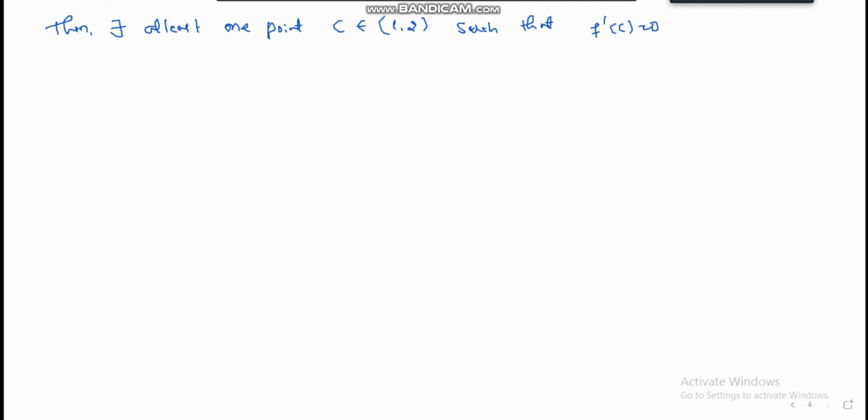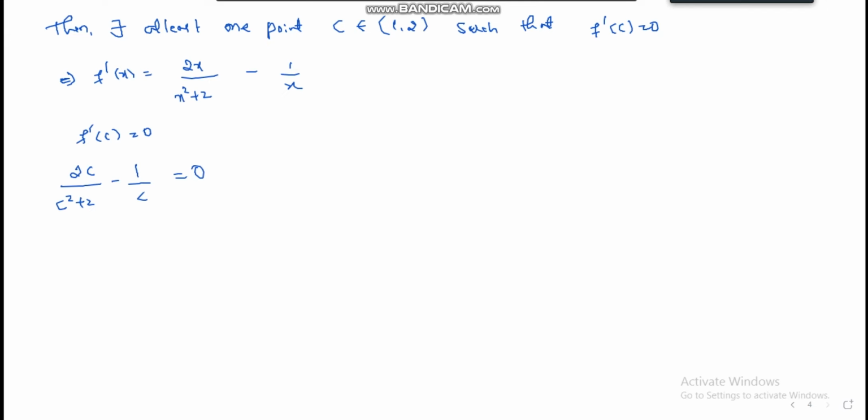We know f dash of x is 2x by x square plus 2 minus 1 by x. Since f dash of c is 0, 2c divided by c square plus 2 minus 1 by c is equal to 0.